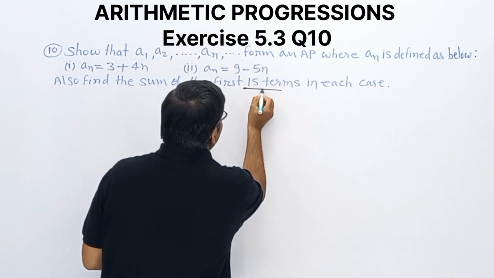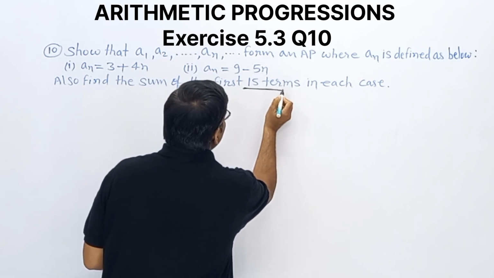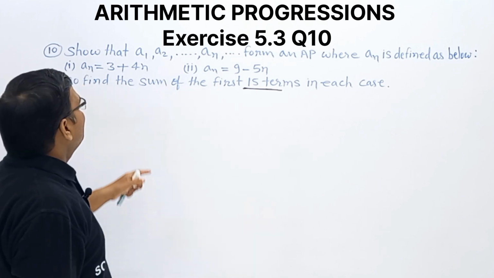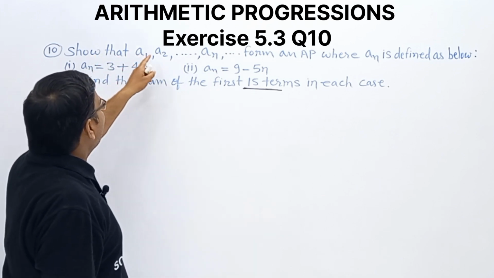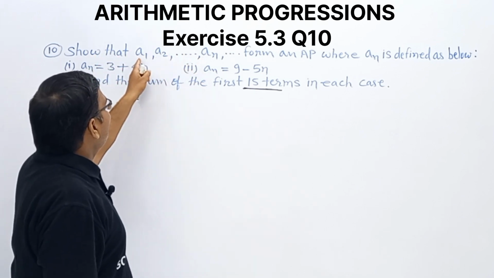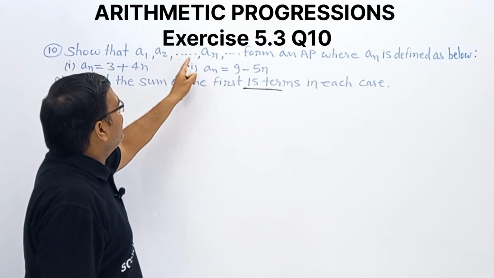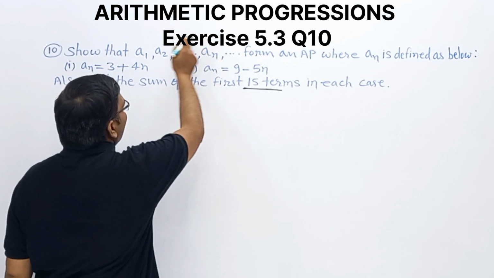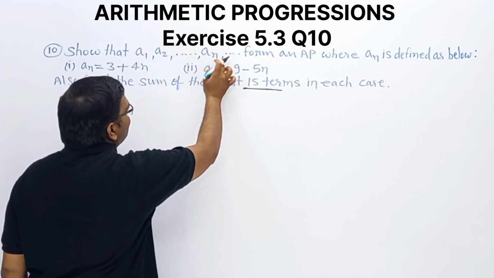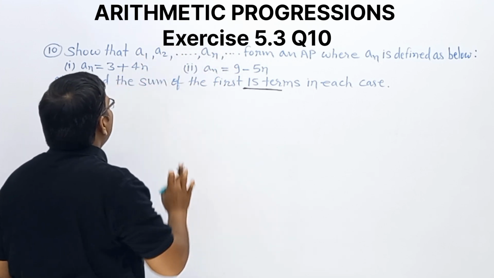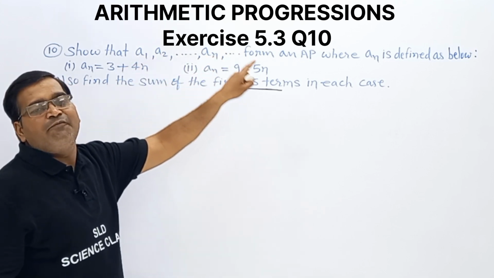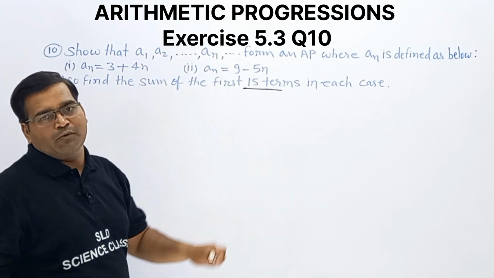Observe carefully. We want to find the sum of 15 terms of an AP. A1, A2 up to AN form an AP, and the terms are given as A1, A2, A3, A4, A5 and so on.